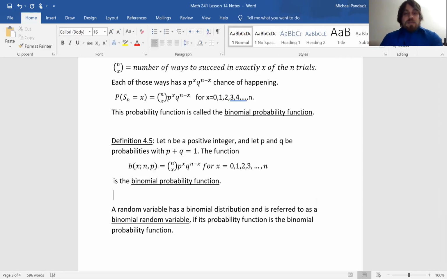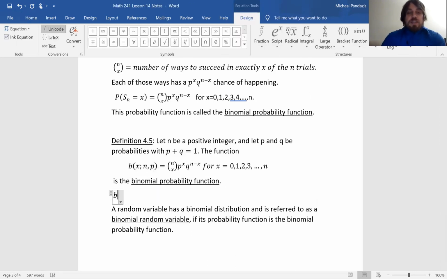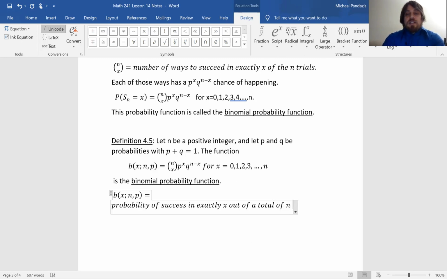Okay? And so I'm going to write that right here. B of x colon n comma p is equal to the probability of success in exactly x Bernoulli trials, in exactly x out of a total of n Bernoulli trials, where the probability of success is p.